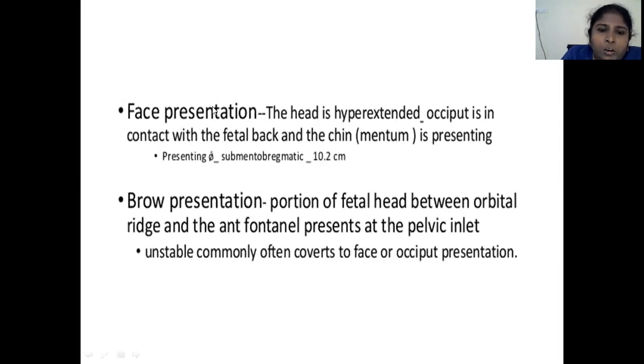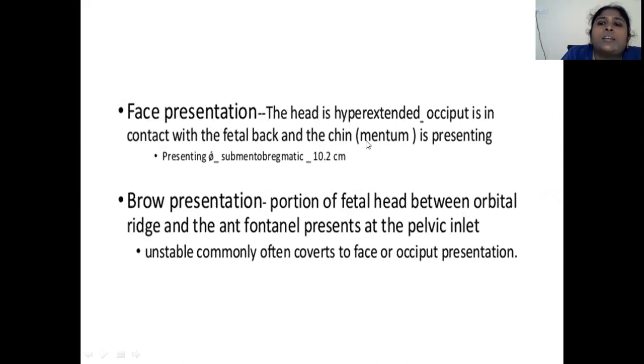The presentation which leads to normal labor without any difficulty is vertex presentation, where the head is flexed. If any deflexion or hyperextension is there, all these will cause problems. In face presentation, the head is hyperextended.